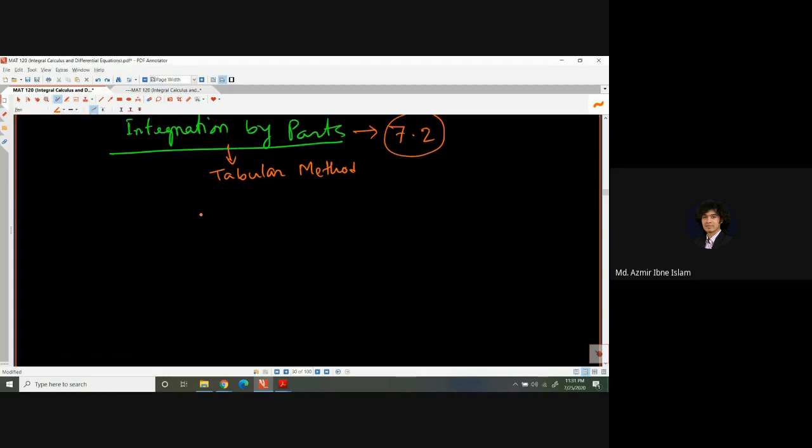So first of all, let me start from the theoretical part. If we have u times v dx. First of all, again recall the fundamental theorem of calculus. That is, we are integrating f of x from x equal to a to x equal to b.